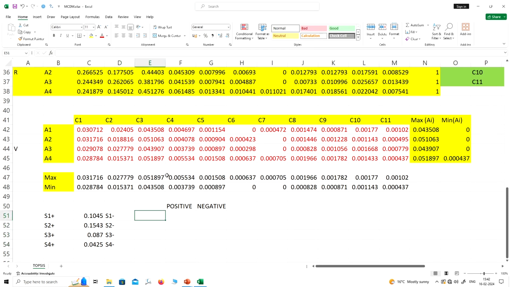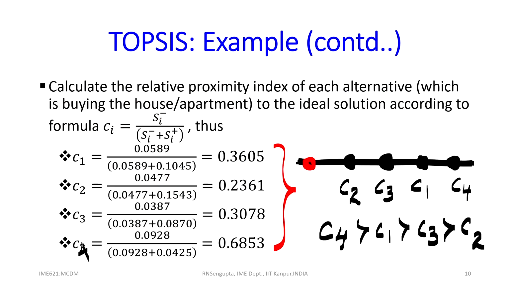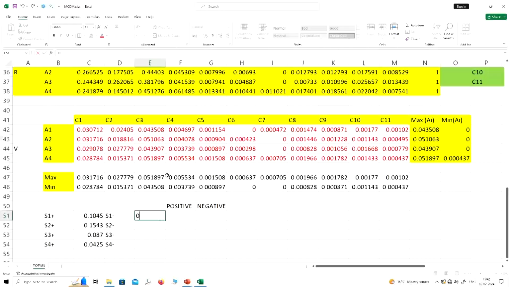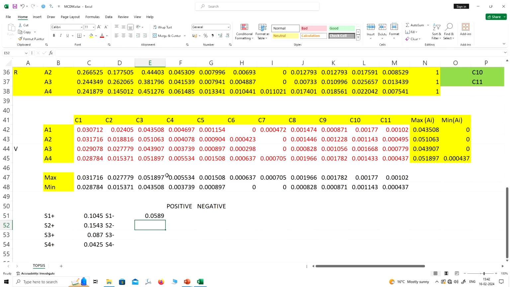If I consider the negative one, they are given as 0.0589. Negative does not mean negative value, they are based on the distance and the square and then square root.